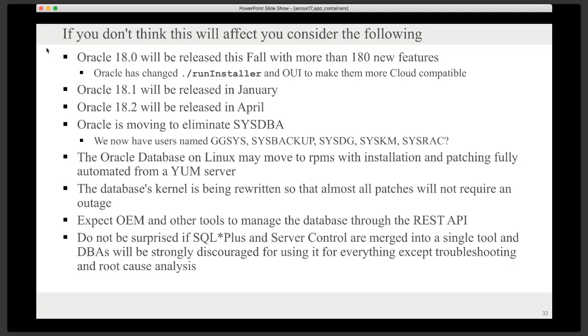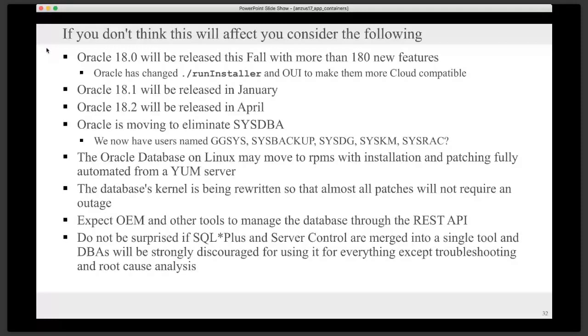We're expecting OEM and other tools to now start working through the REST API, and there are even rumors that OEM is going to go away completely. Surprisingly, there's discussion of going away.